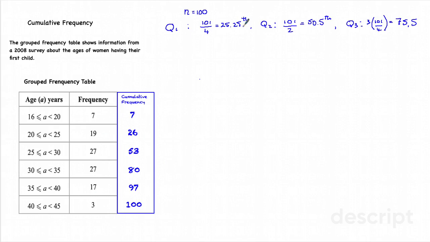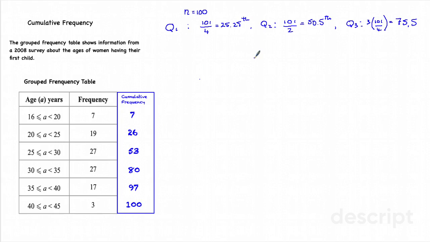I have already noted the positions of these values. So for Q1, I'm looking for the 25.25 value. I look down my cumulative frequency column and decide which group that is in. I've got 7 values here, and by the time I get to this group, I've got 26 values, so that's past the 25.25 value. So my Q1 is going to be in that group.